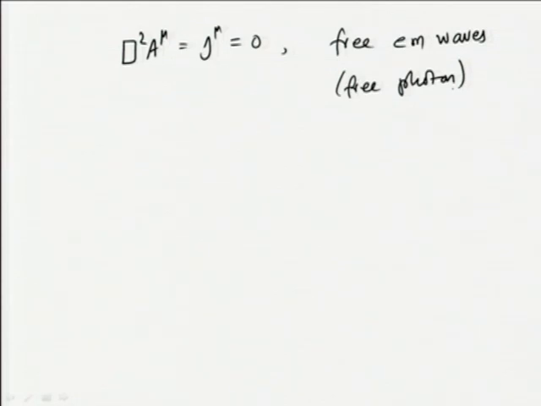Now, we are actually deviating a little from the earlier picture of giving more physical meaning to the electric field and the magnetic field, and then considering the potential as an auxiliary function. That was the earlier picture, and then we said that we can actually have different potentials which will give you the same physical situation.